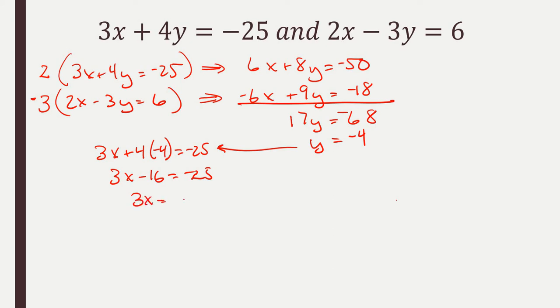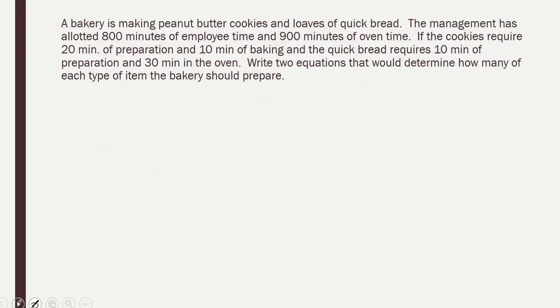Adding 16 to both sides, x equals -3. So my ordered pair is -3, -4. So this time I had to multiply both equations in order to get opposite coefficients for one of my variables.